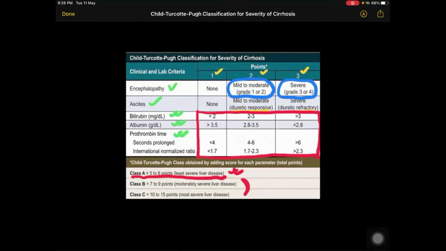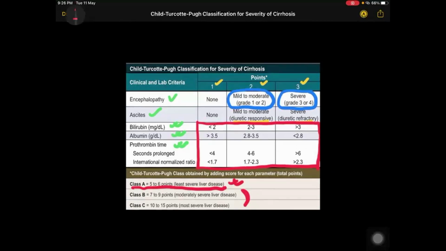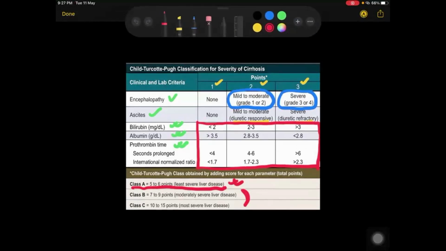Okay. Now, ascites, if the patient is responsive to diuretics, it is grade 2. If it is not responsive to diuretics, it is grade 3. Now, bilirubin, albumin, and prothrombin time, you just need to remember the values. So bilirubin will range between 2 and 3, albumin between 2.8 and 3.5, and prothrombin time between 4 and 6, right? Now, the thing is, you will generally not be asked this INR value.